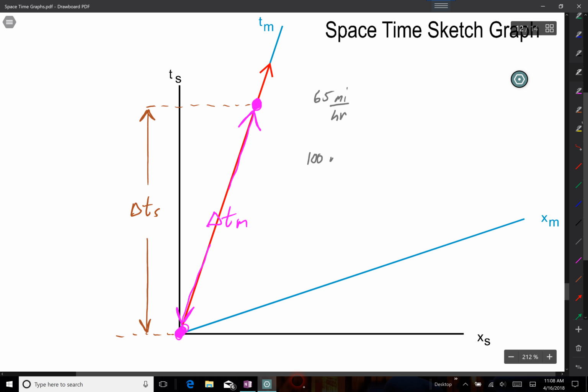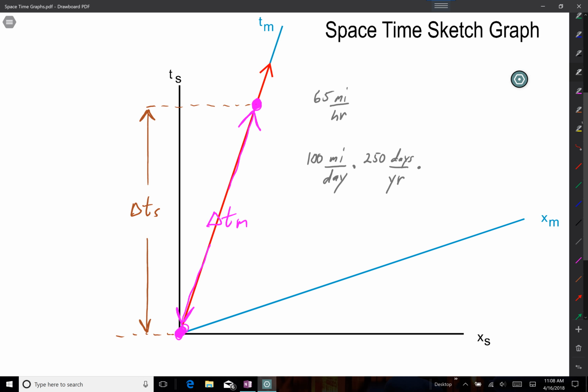We have 100 miles per day times 250 days per year times 35 years.